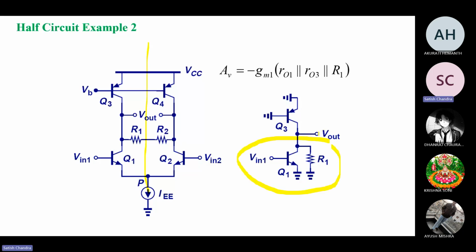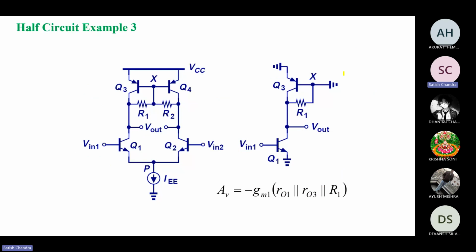So whatever is there is going to go into parallel. If I make an equivalent circuit of this one, R1 is in parallel with the internal resistance of the Q1 transistor and the internal resistance of this one. So that is going to become a parallel fashion. So we can represent the voltage gain like this. Due to this, we can also rearrange this particular format in this way, and this is going to give you the same kind of result.